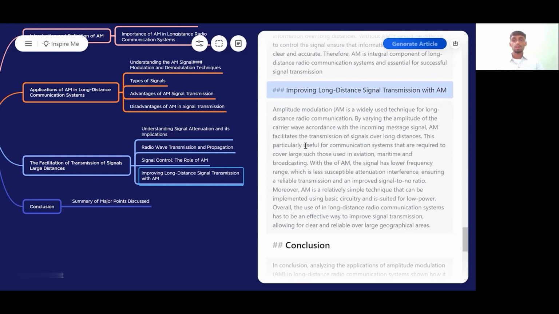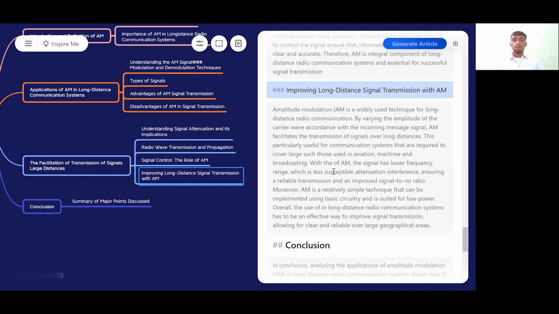This is particularly useful for communication systems that are required to cover a large area, such as those used for maritime communication and broadcasting with AM. The signal has a lower frequency, which is less susceptible to attenuation and interference, ensuring a reliable transmission and improving the signal to noise ratio.